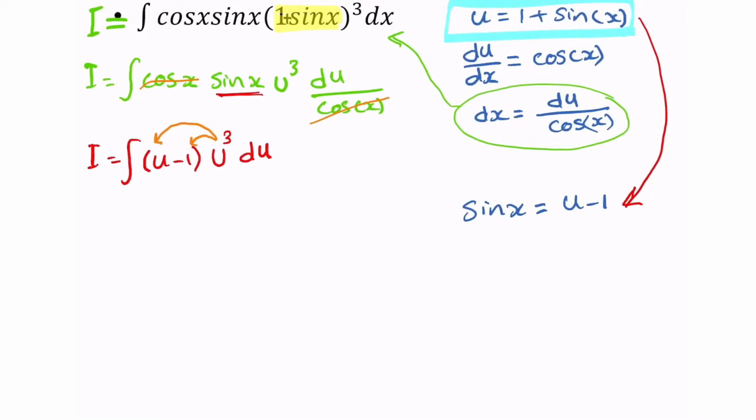So there's going to be, let's go back to the green actually, I equals the integration of u to the power 4 minus u to the power 3 du. Yes? Because u to the power 3 times u is u to the power 4, minus u to the power 3 times 1 is u to the power 3.